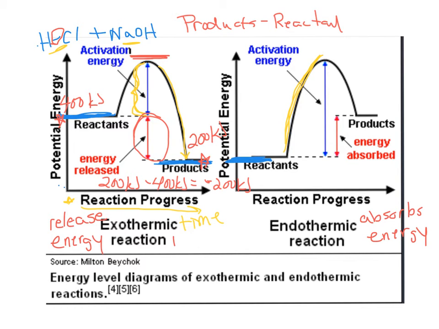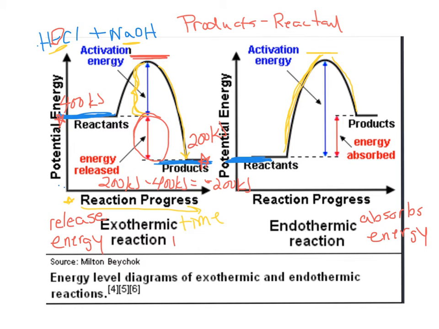We call this up here, at the very top, the activation complex. At the activation complex is where we begin to see some product being formed. And remember, going down, the elements are just settling into their new form.